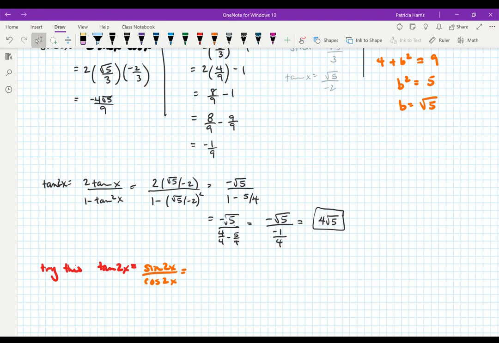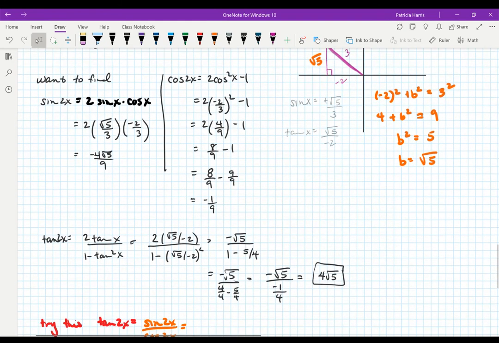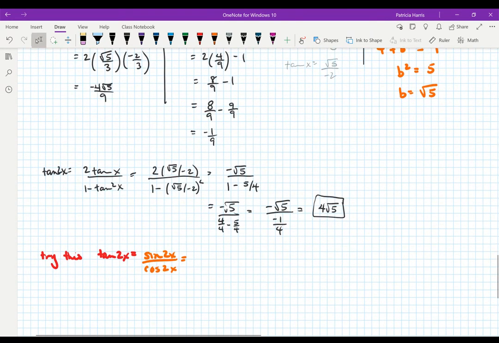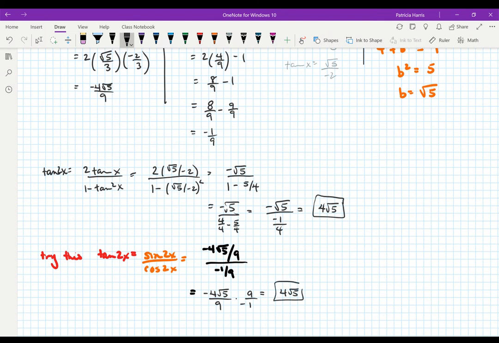I know that sine of 2x, in this case, is equal to negative 4 radical 5 over 9, and I know that cosine of 2x is equal to negative 1/9. If I invert and multiply, a negative times a negative is a positive. The 9's divide out, and check that out.